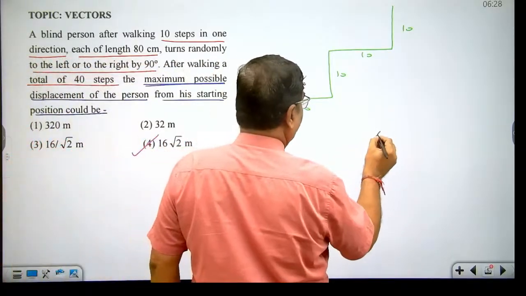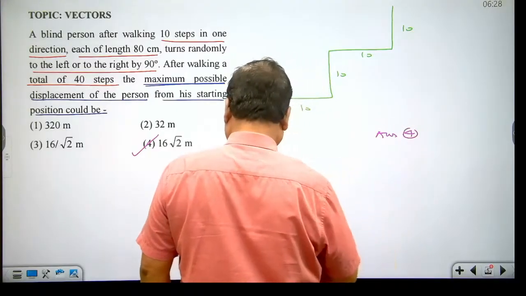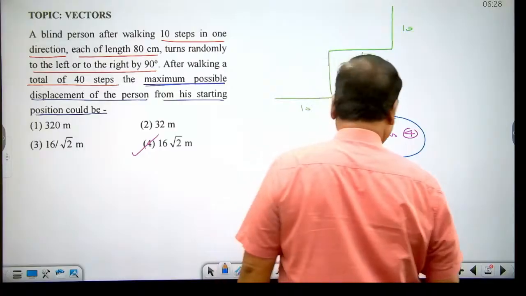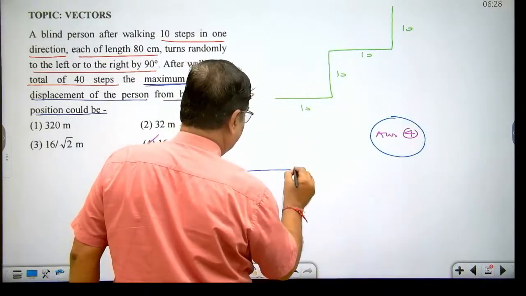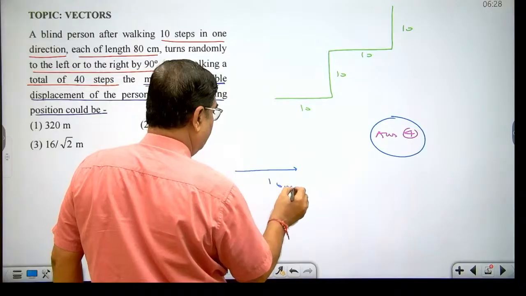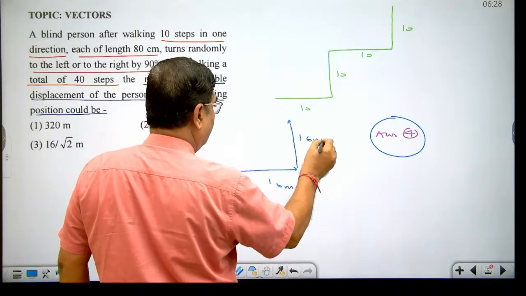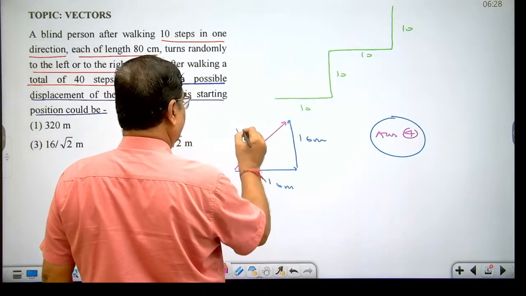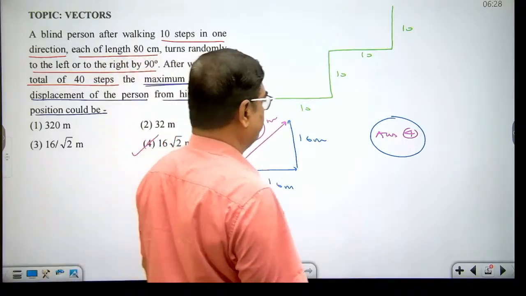So out of 4 choices, the correct choice is option 4. This is 16 meter and this is also 16 meter, and this is the displacement, that is 16 root 2 meter. That is our answer.